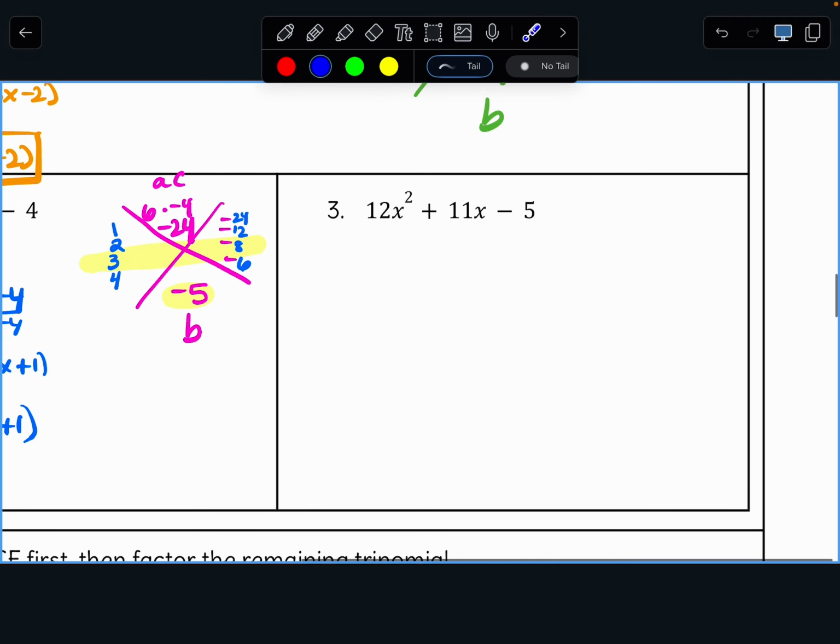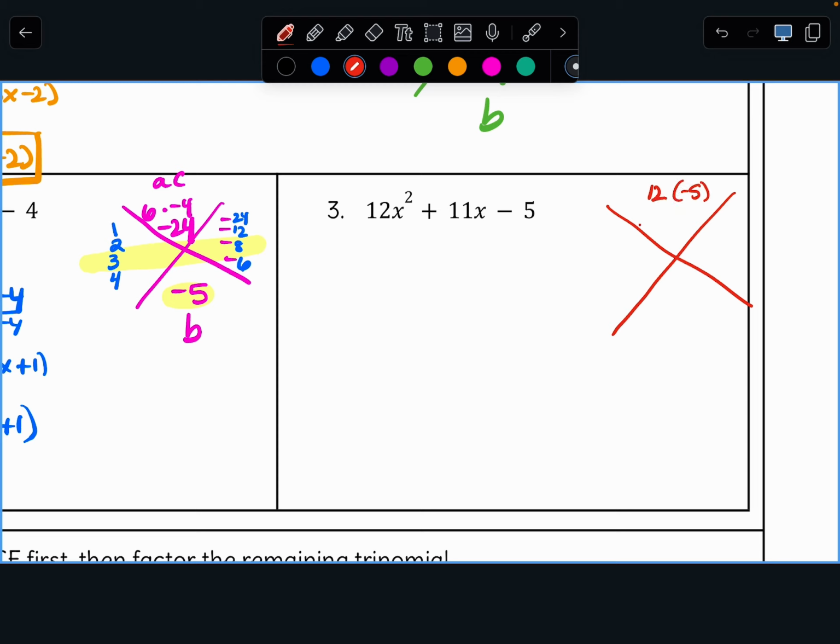When we look at number 3, we do our X puzzle. 12 times negative 5, so we have negative 60, and it needs to add to be 11. So if you don't, just go ahead and look at the factor chart.